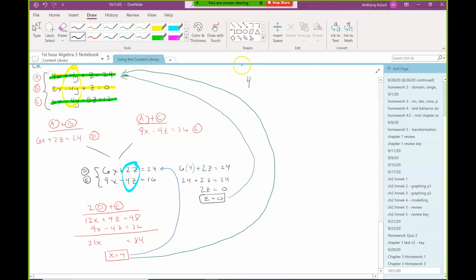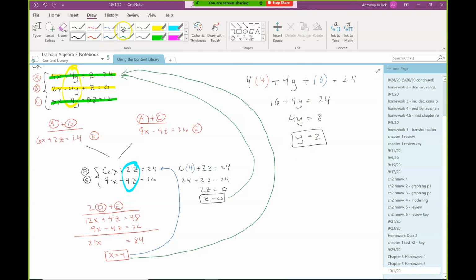So we have 4 times x, which is 4, plus 4 times y, plus z, which is 0, equal to 24. So that's 16 plus 4y plus 0, but I'm not going to write down the plus 0, equals 24. I subtract 16 from both sides to give 4y equals 8. And I divide both sides by 4 to get y equals 2. Leaving me with my solution 4, 2, 0.